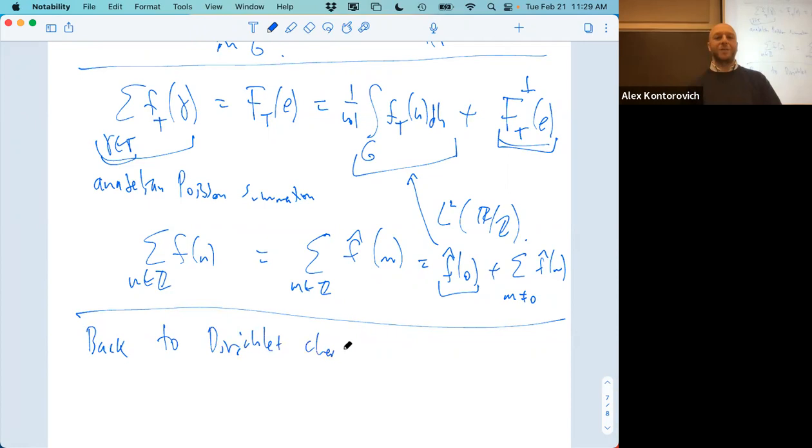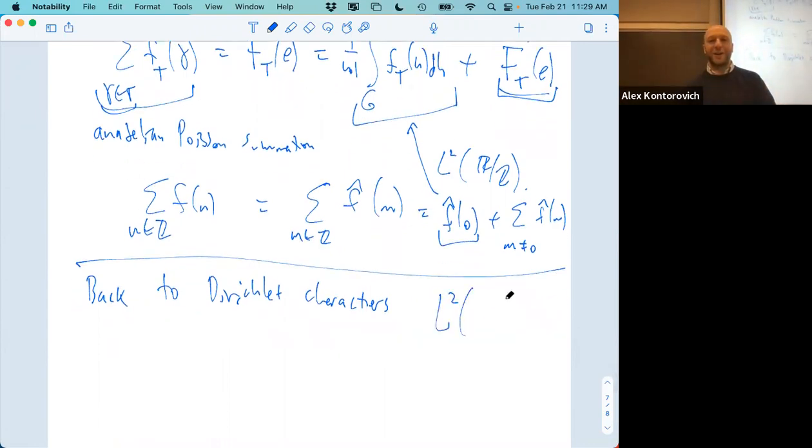What will turn out is that the decomposition of L2 of the adeles, the ideles modulo the rationals, will be basically parametrized by Dirichlet characters. It's already abelian, it's GL1. When we take the decomposition of the ideles modulo Q cross, the invertible rationals, the idele group acts on this and decomposes it into the irreducibles.